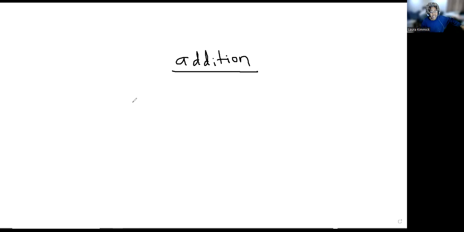And the operands, there we go, much better, operands, are numbers.